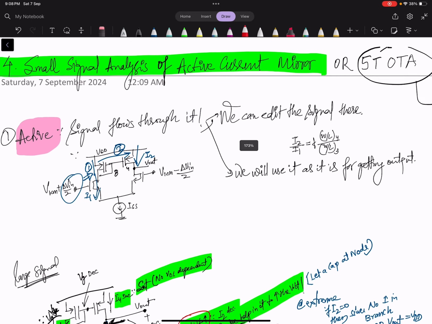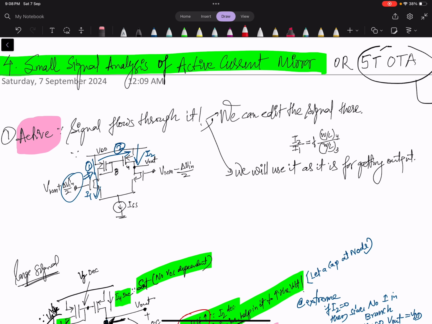If we increase the input voltage, the current in this branch will increase, and since it is a current mirror, the current here also increases, and thus this I1 is being used here as I2, basically the current from M4.